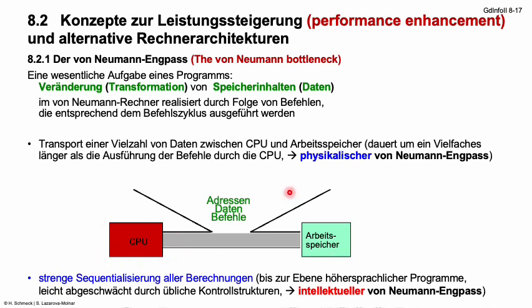But according to this von Neumann architecture, this is sequential, and it's sequential down to the level of the higher language programs, and it can be slightly weakened by usual control structures, as we said. And it's known as an intellectual von Neumann bottleneck.